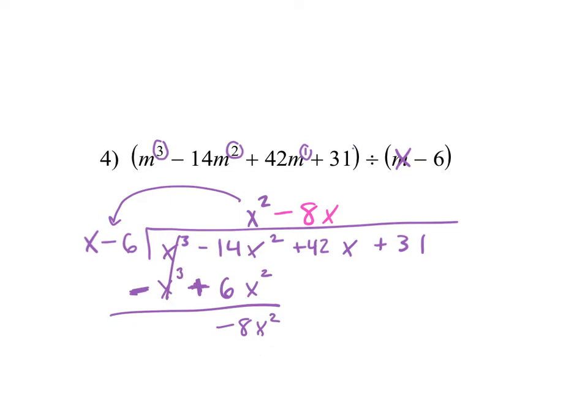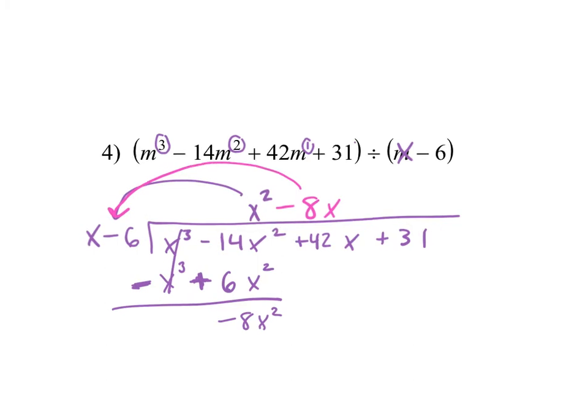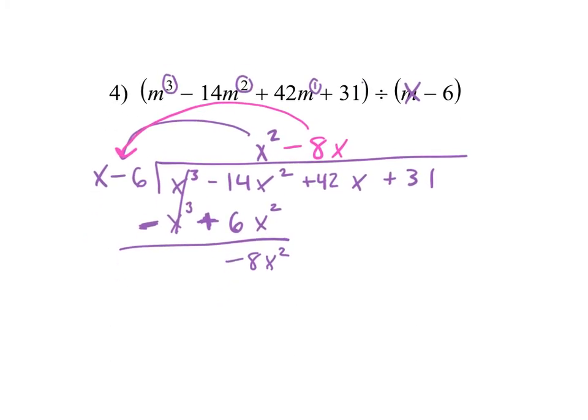So what do we do once we write something on top? Multiply it by everything outside. So it's negative 8x times x. Negative 8x squared. What's negative 8x times negative 6? 48x.